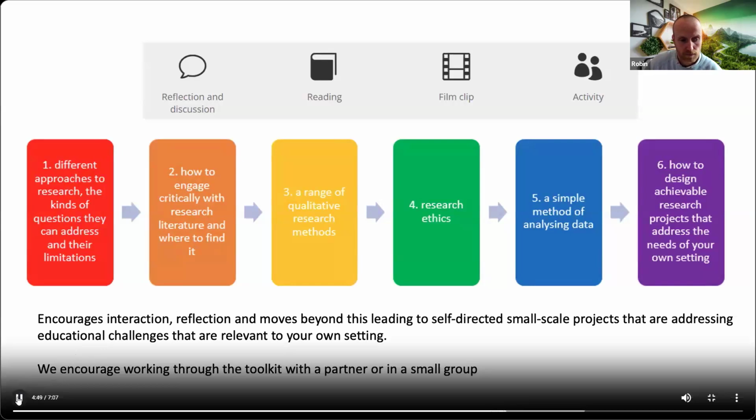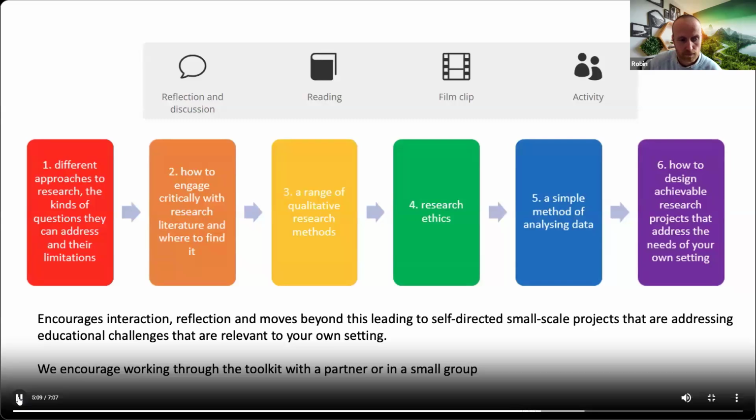So it is really supporting people's reflective practice together. There are readings that are built in. There are film clips from YouTube that are focused on early years. There are group and individual activities.